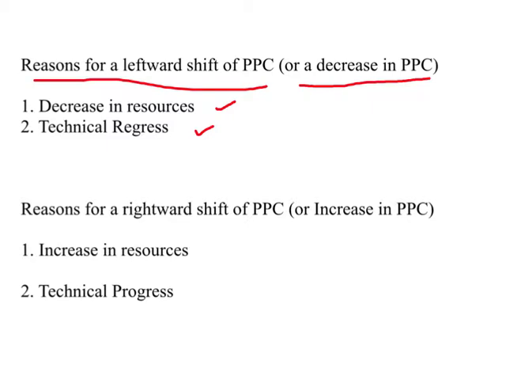And so I've shown leftward shift of PPC. Now reasons for a rightward shift of PPC or an increase in PPC will be exactly the opposite. An increase in resources will increase production possibilities available to the firm, and technical progress can also do the same type of shift.